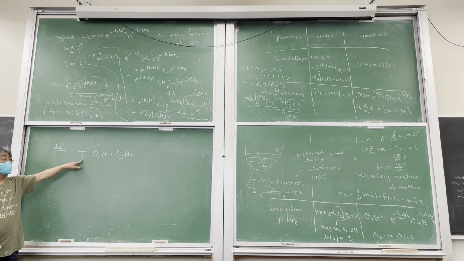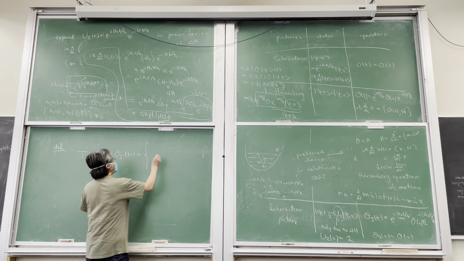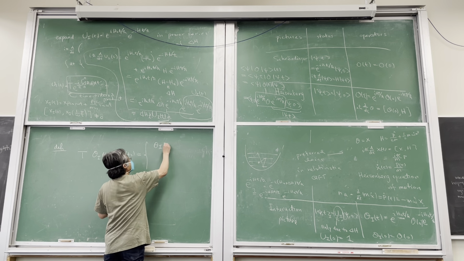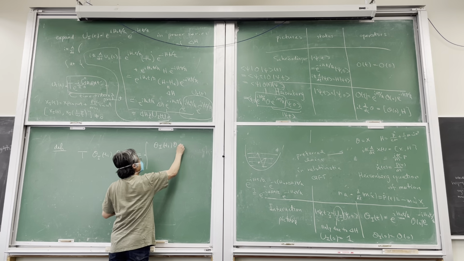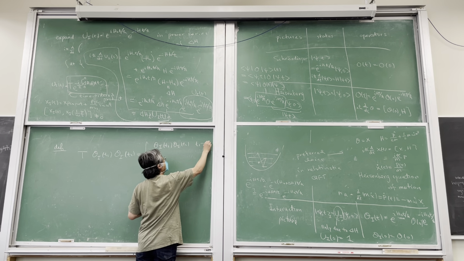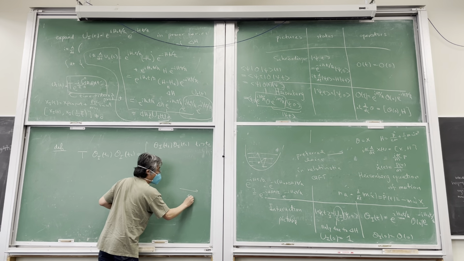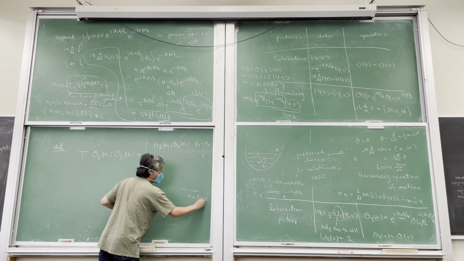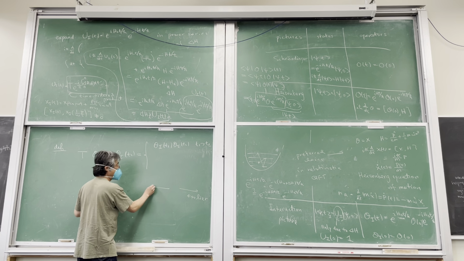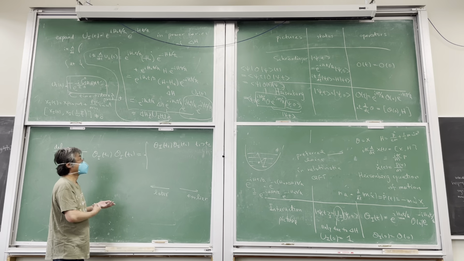And the idea of time ordering is simply that you order them according to time in such a way that earlier operators are to the right, later operators are to the left.